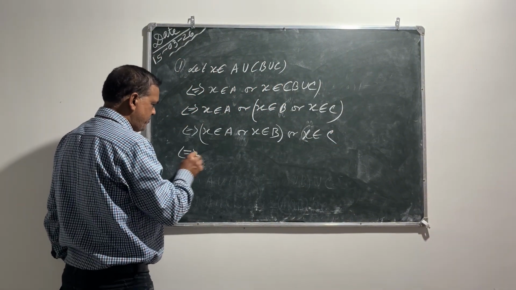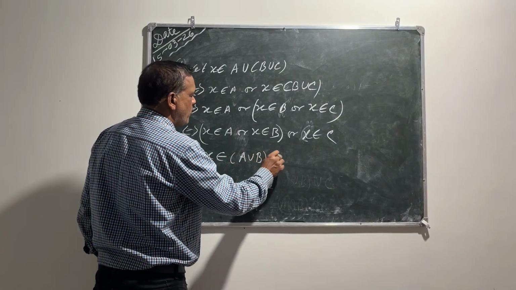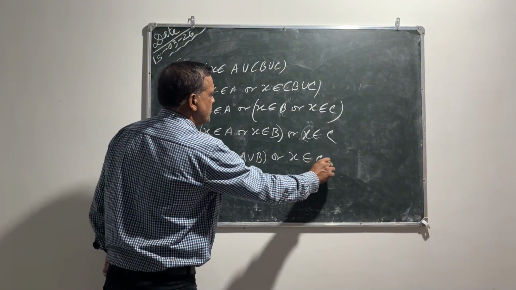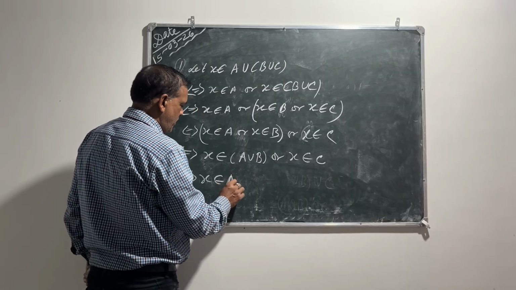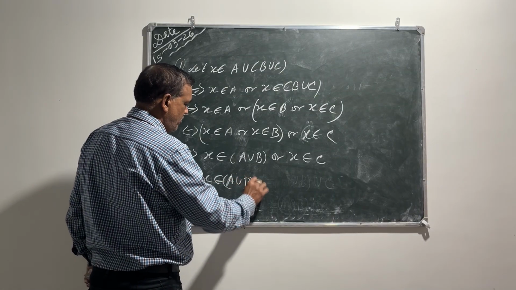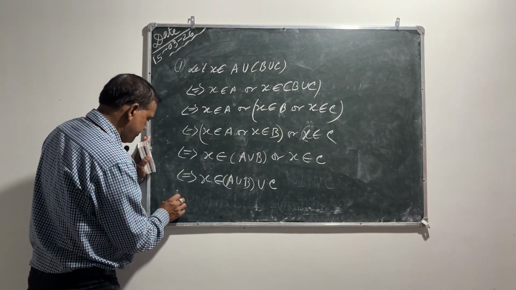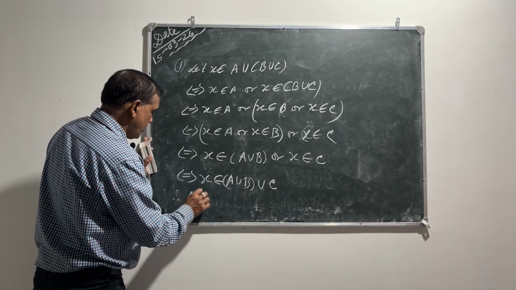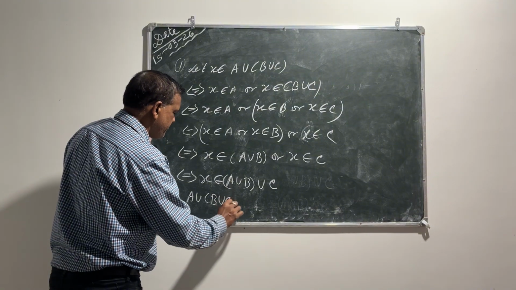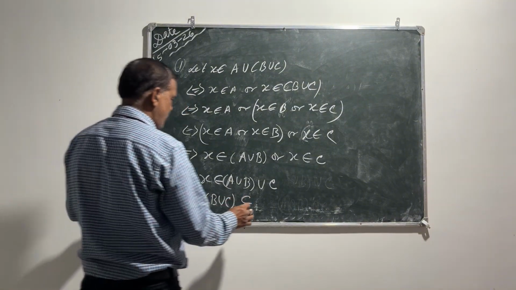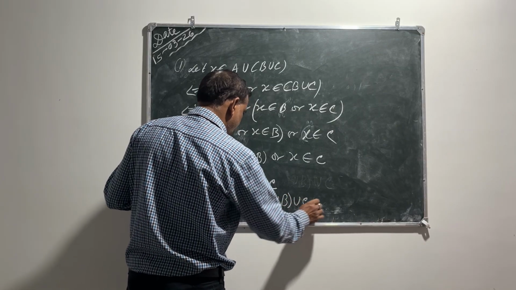That is X belongs to A union B or X belongs to C. That is X belongs to A union B within bracket union C. Therefore A union B union C will be subset of within first bracket A union B union C. Is the number 1.